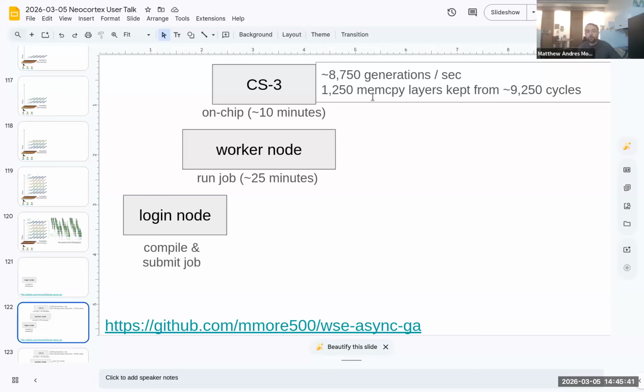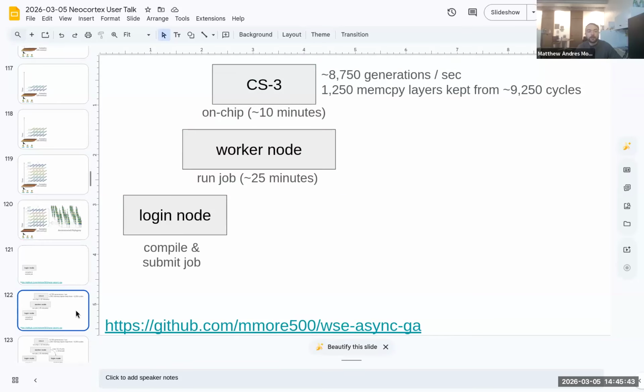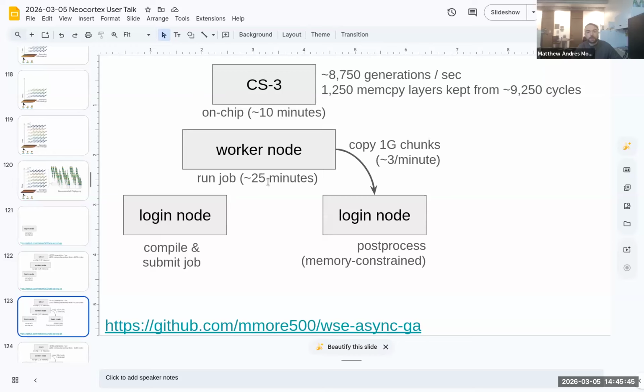samples. One bottleneck in the pipeline is that when we're done with the host device work, we need to get all this genome data that we've generated and taken off and send that back to the login node so that it can be saved and extracted for further analysis.